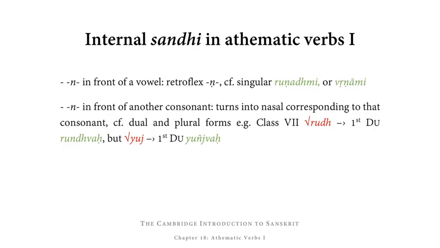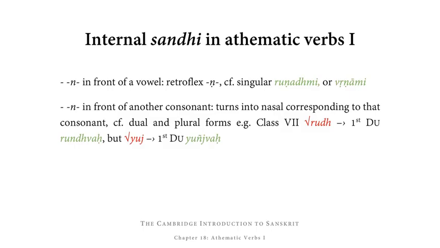N in front of another consonant, on the other hand, cannot be affected by this, but rather it turns into the nasal corresponding to that consonant. We've seen this in a couple of dual and plural forms. For example, in class 7, if we look at rud, then the first dual of that is rundwach.